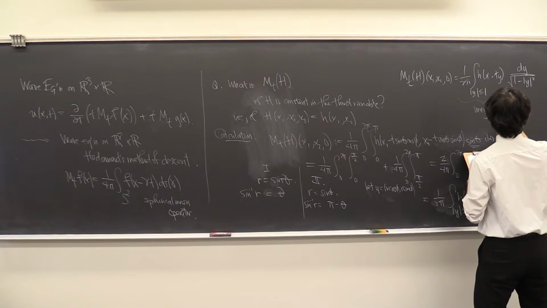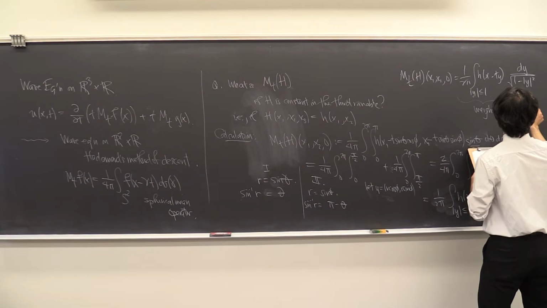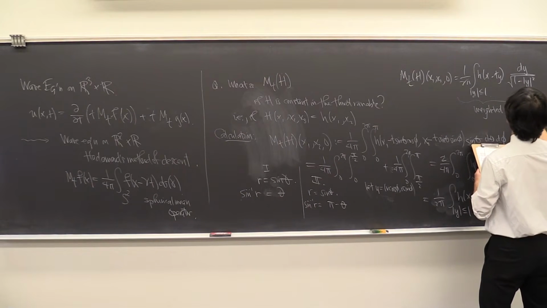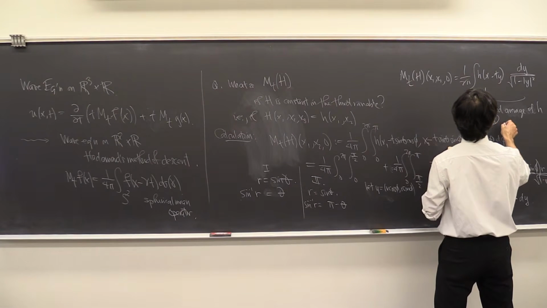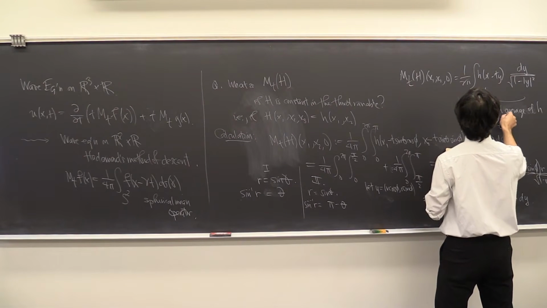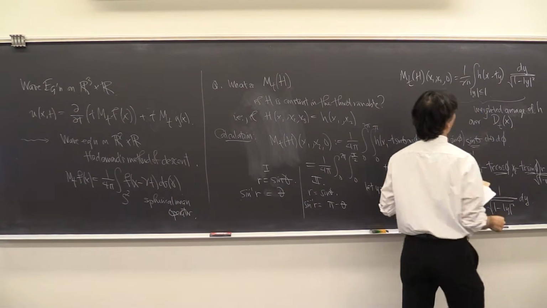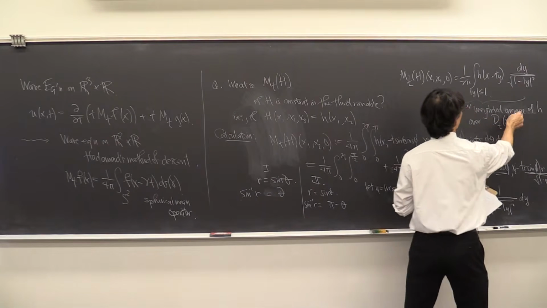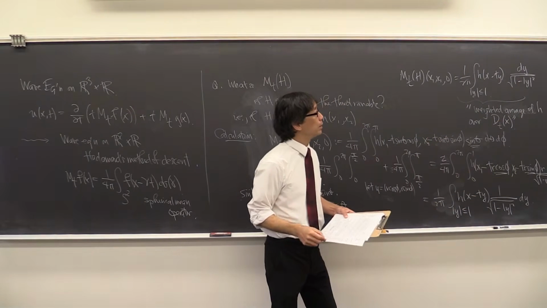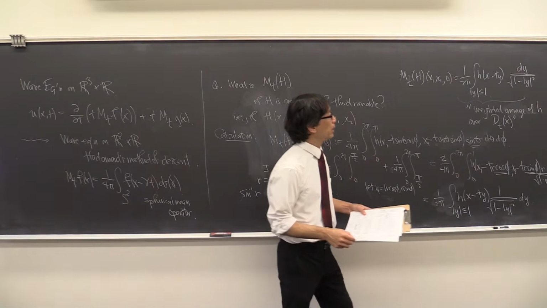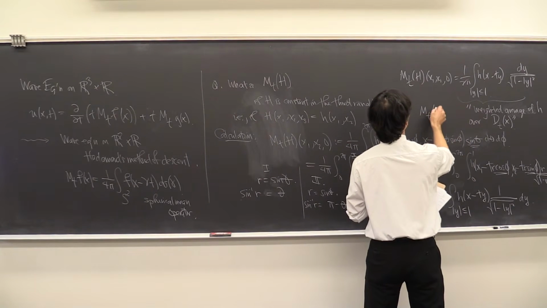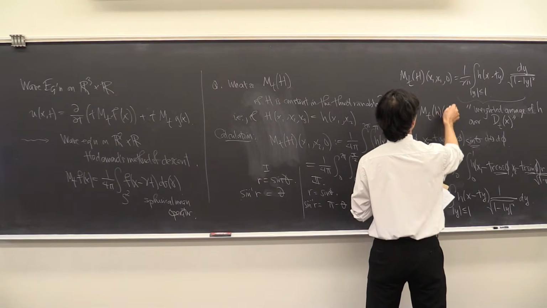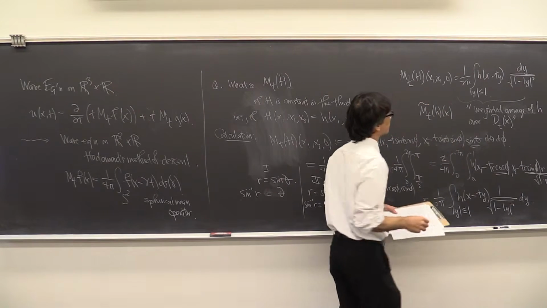So the weighted average of h over the disk of radius t centered at x, and we denoted this by m sub t h at x tilde.